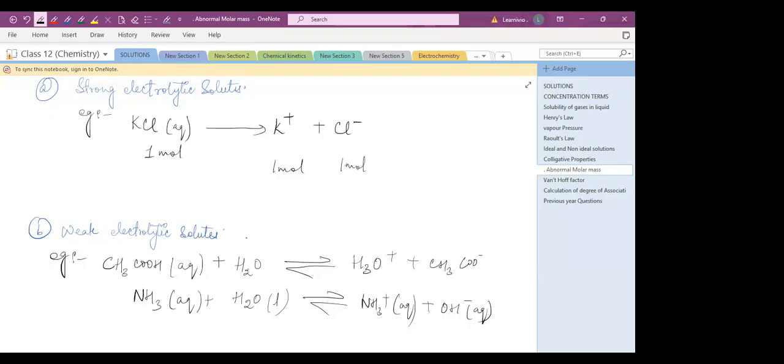In the strong electrolytic case, the number of particles will be the exact multiple of the number of ions. And in the weak electrolytic solute, the number of particles of solute will not be an exact multiple of the number of ions which is present in 1 mole of solute particles.